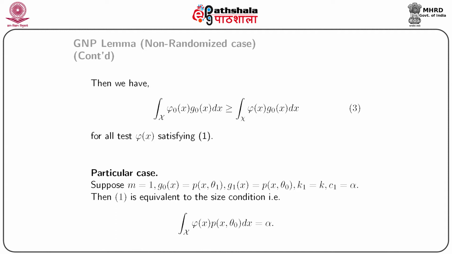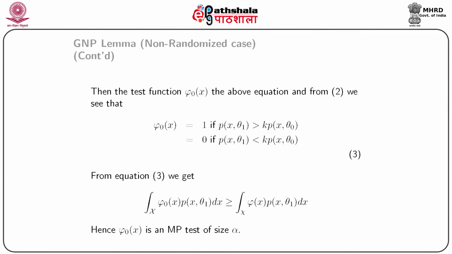In particular, when m equals 1, we set g0(x) equals p(x, theta 1), g1(x) equals p(x, theta naught), k1 equals k, c1 equals alpha. Then (1) is equivalent to the size condition, that is, the integral over script X of psi(x) p(x, theta naught) dx equals alpha.